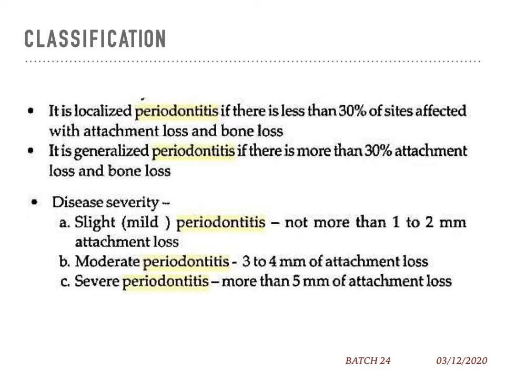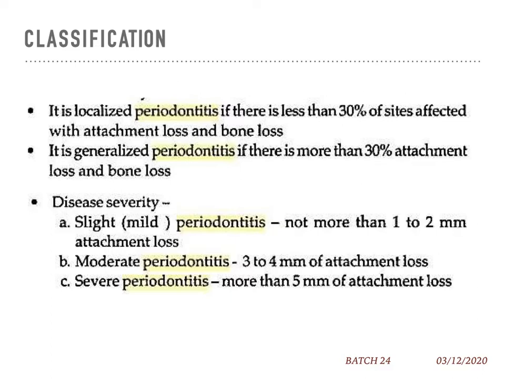If less than 30% of the sites are affected with attachment loss and bone loss, it is called localized chronic periodontitis, and if the attachment loss and bone loss is more than 30% of the sites, then it is generalized chronic periodontitis.